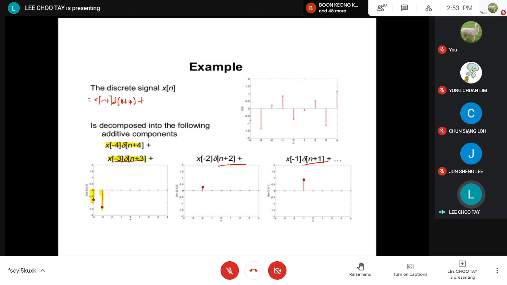That is how we decompose the discrete signal using the delta function.